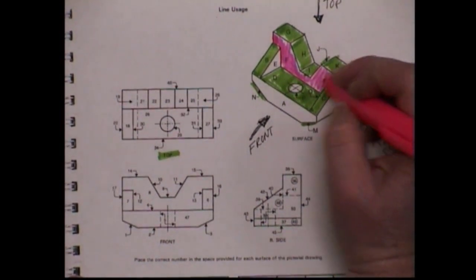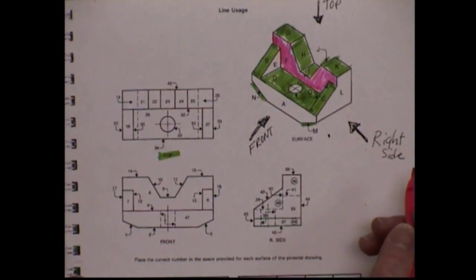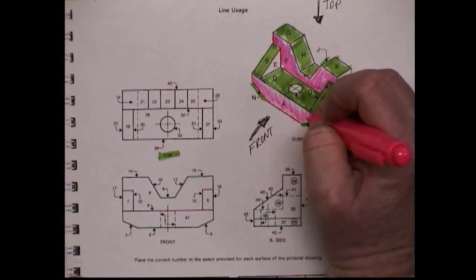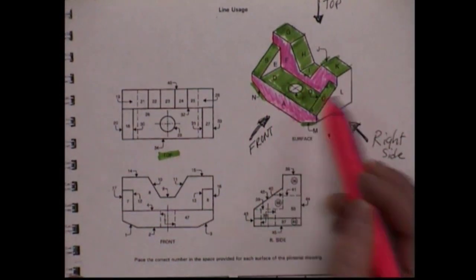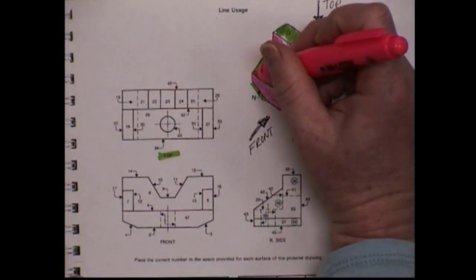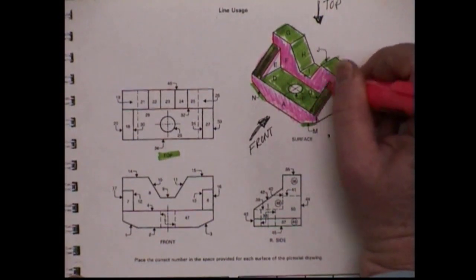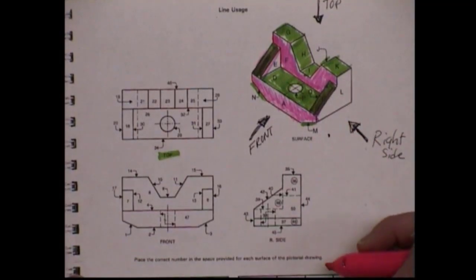No, we do not see those in the front view. What about A? Will we see it in the front view? What about E? We're going to see E? No. O? No. But we will see B, won't we? So B and C we'll also see in the front view. Now they're going to appear shorter than what they really are, but we will see them.